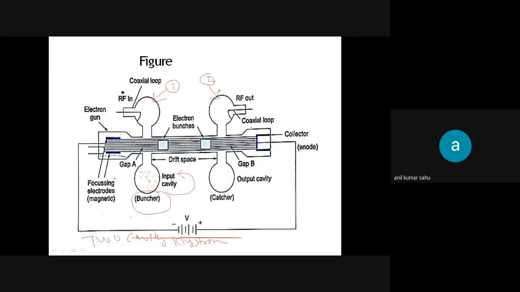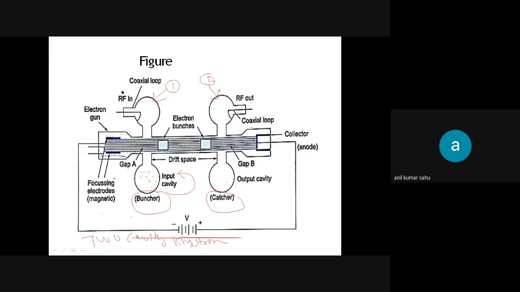The second cavity is named the catcher cavity. Whenever you apply the electric power supply, the bunch of electrons is shifted to the drift space and is collected in the catcher cavity.